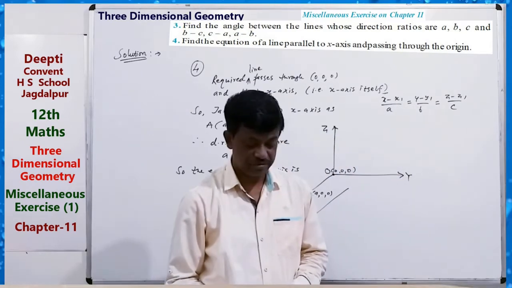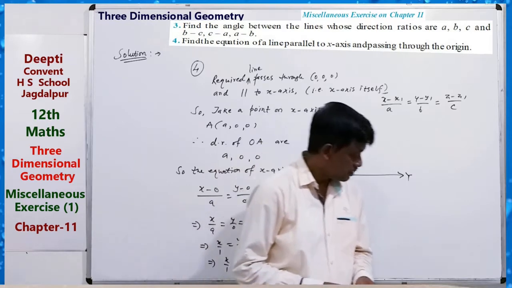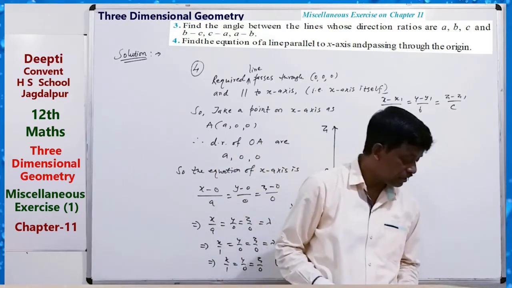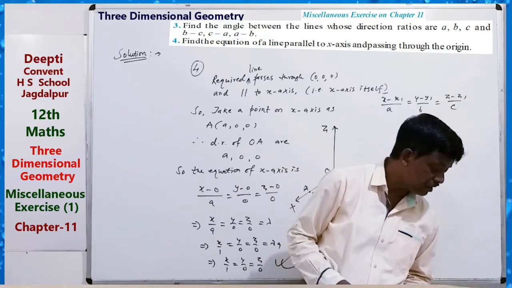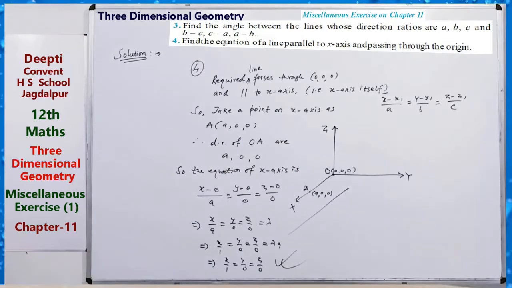Now, question 5. Question 5 is: if the coordinates of the points A, B, C, D are these respectively, then find the angle between the lines AB and CD. These are very simple questions. You just do them yourself in your copy.